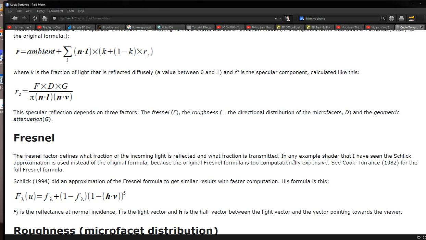So this would be important for surfaces of water, or an object like a glass, if you're modeling glass with water in it.